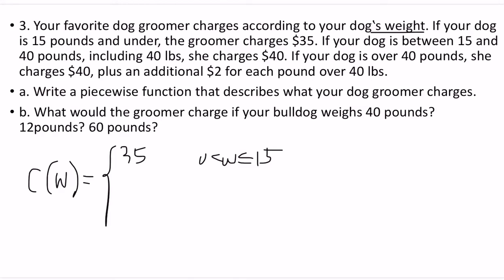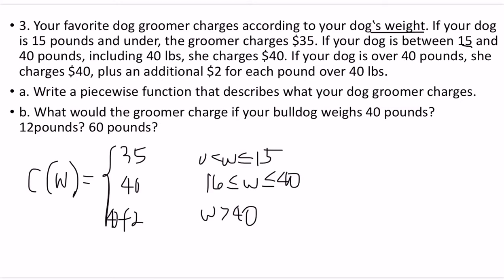So for the next subfunction, if your dog is between 15 and 40, 40 included, so 16 to 40, since 40 is included, you will pay $40. And if your dog is more than 40, you will pay 40 plus 2 times the excess.